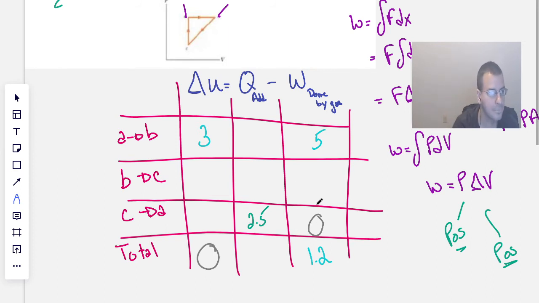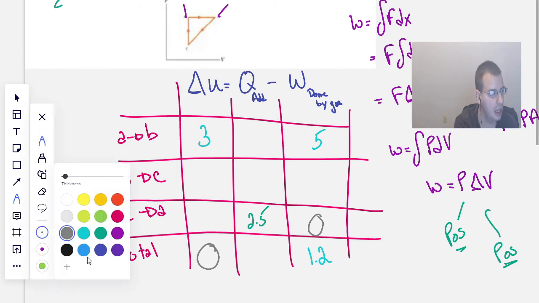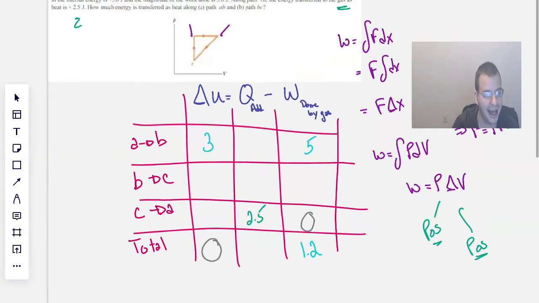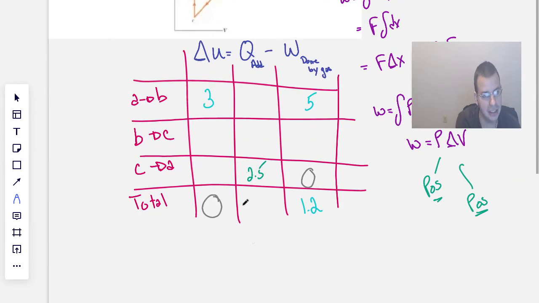All right. First question is Q added from A to B. So we know that this is the value we're looking for. So 3 equals Q added from A to B minus 5.